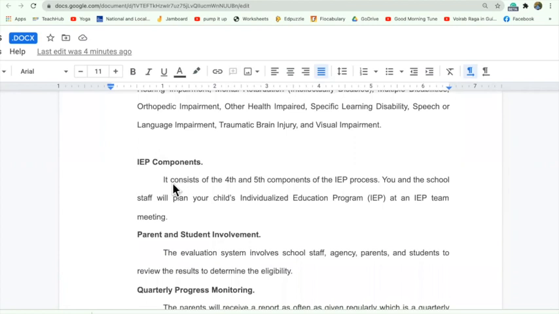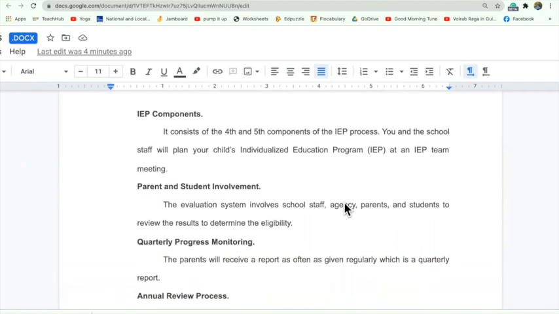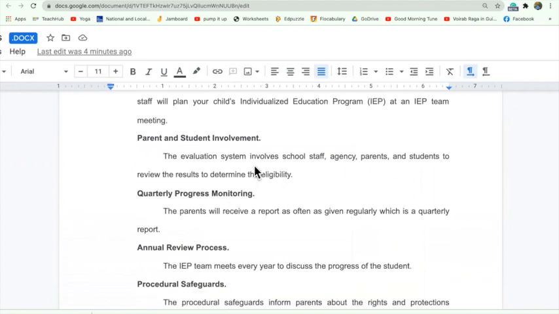IEP components. It consists of the fourth and fifth components of the IEP process. You and the school staff will plan your child's Individualized Education Program, IEP, at an IEP team meeting. Parent and student involvement.